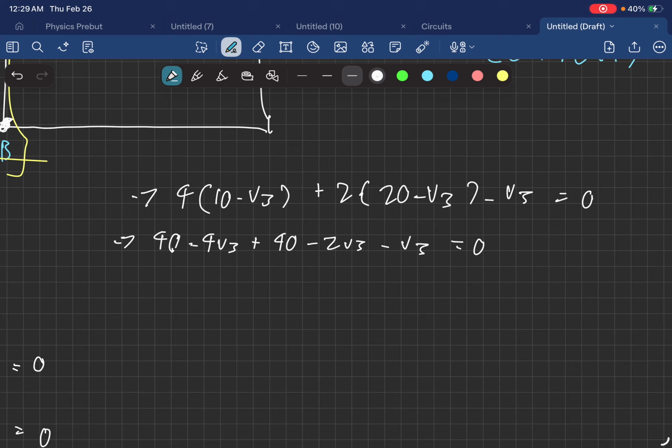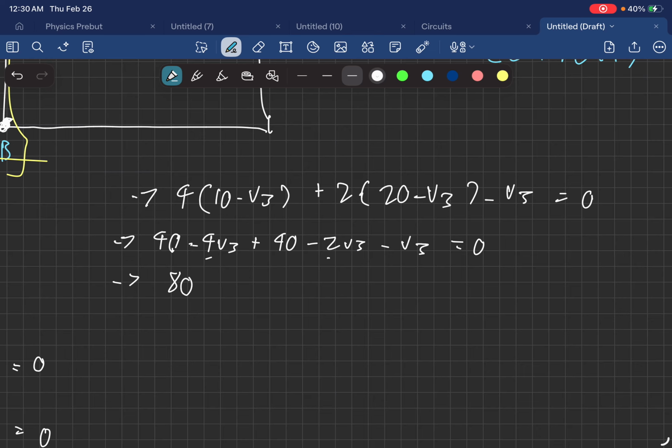From here, you combine like terms. You can also transpose the constants already, or you could factor out V3. Let's just do it straight from here. So 40 plus 40 is 80, and then minus 4V3, minus 2V3, minus V3.